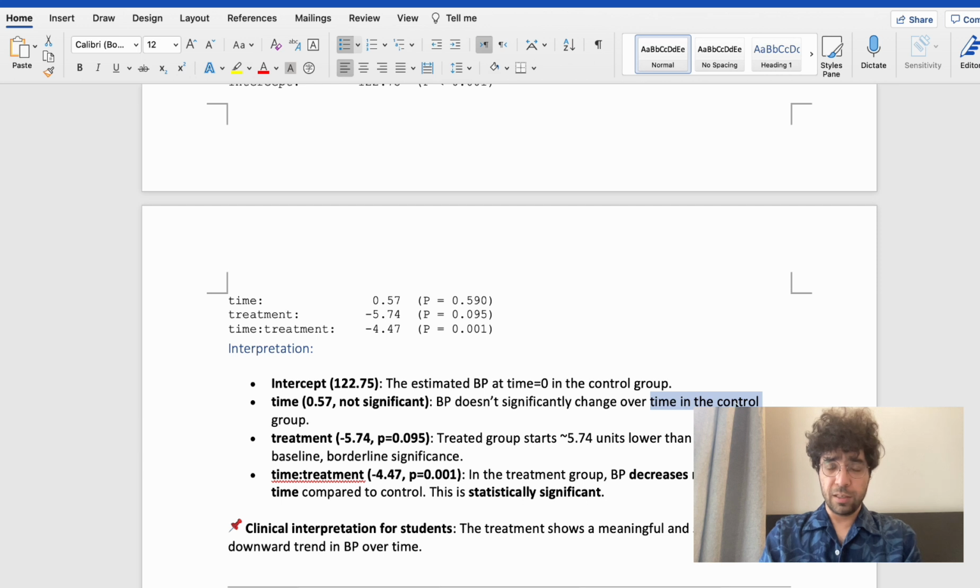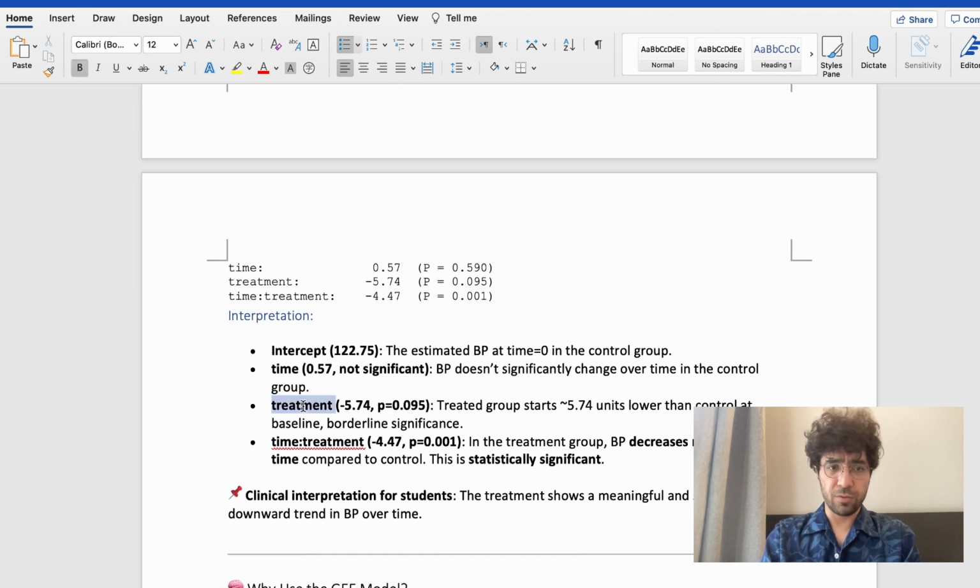If we forget about the group factor, so we put it at 0, the group factor is gone, so we can say that blood pressure doesn't significantly change over time.